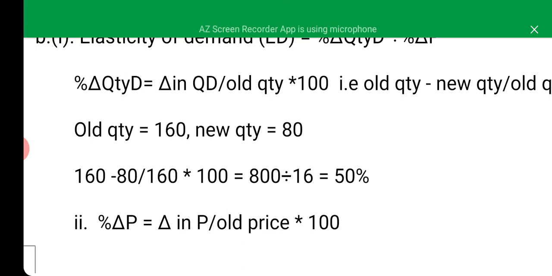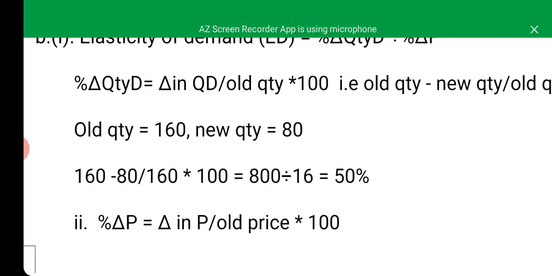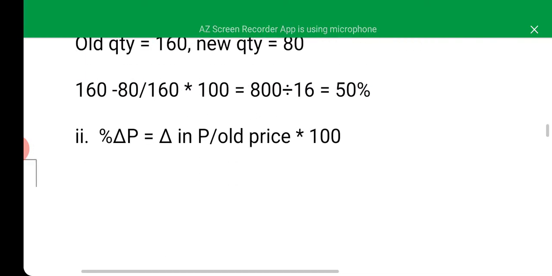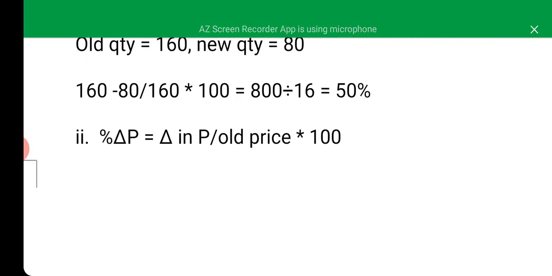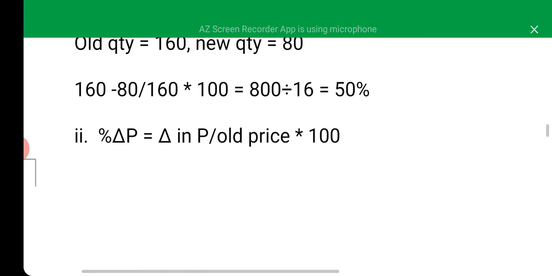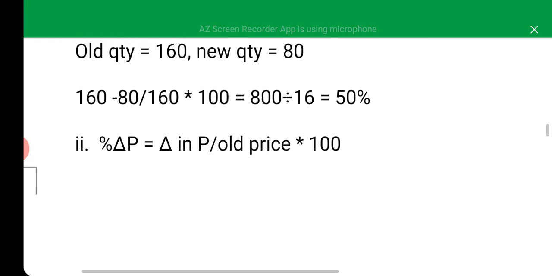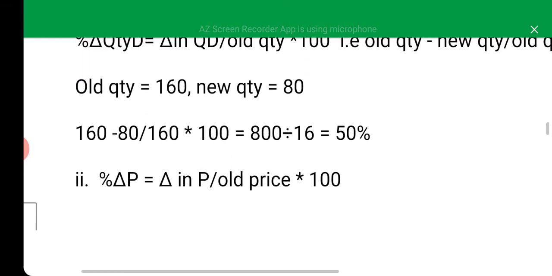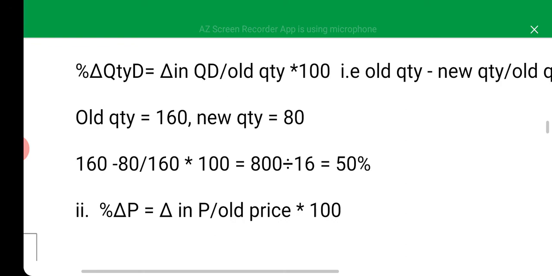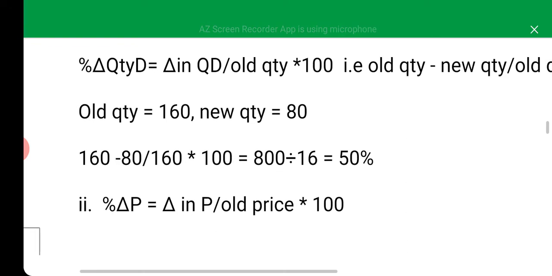So the 0 cancels 0 from 80 and 160, and we have 8 all over 16 times 100/1, and that will be 800 divided by 16, which will give us 50%. That is the percentage change in quantity demanded.